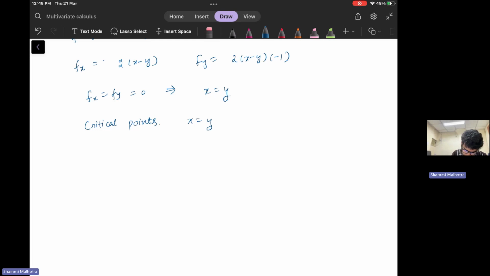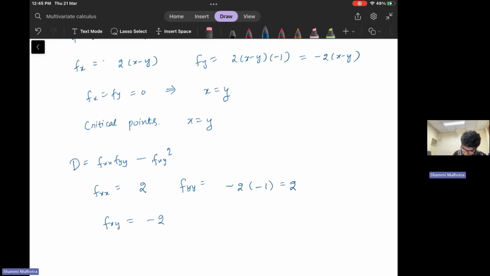Now let us evaluate the value D, which is fxx fyy minus fxy whole square. So my fxx is 2, fyy is minus 2 of x minus y minus 2 of minus 1, so this is 2 only, and fxy is minus 2.